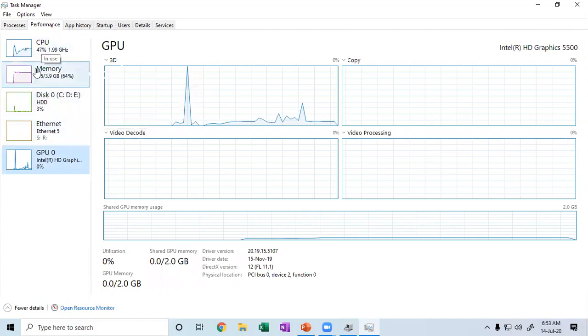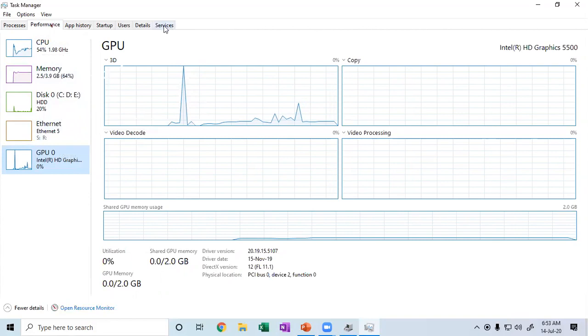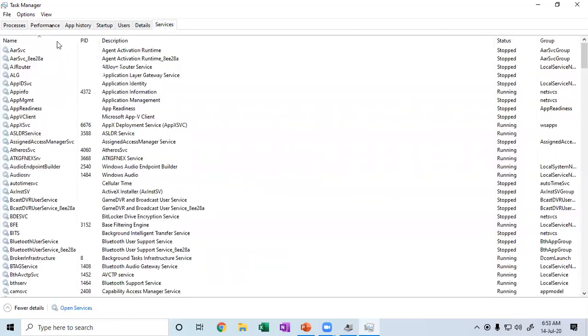There are the resources. Your operating system manages the resources, and it also provides some common services to you. These services are utilized by your application programs.